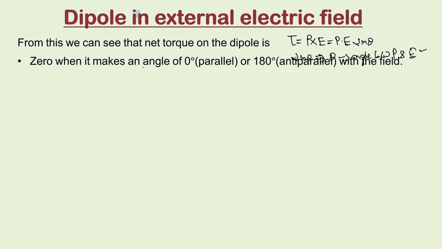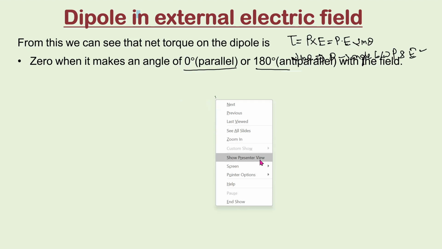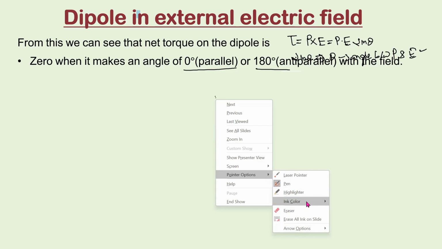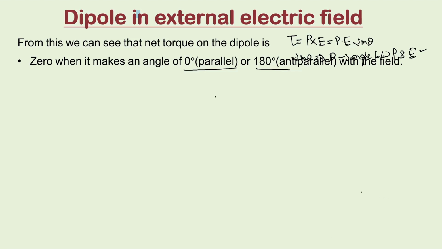So the torque will be 0 when the angle between P and E is 0 or 180 degrees. In other words, if P and E are parallel to each other, then in this case the torque will be 0, and if P and E are anti-parallel to each other, then again the torque will be 0.